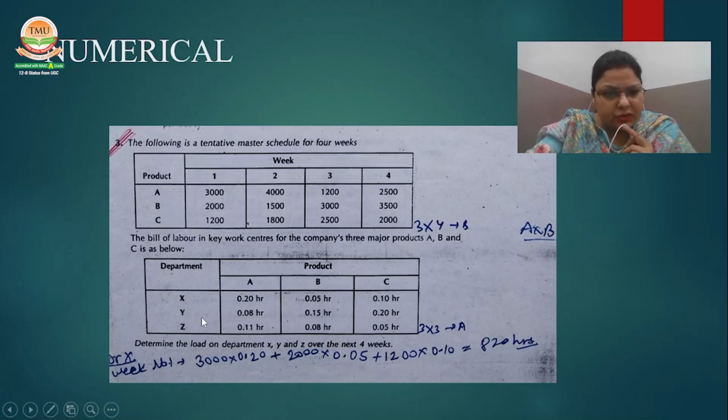Next is the Y department, which will produce in 0.08 hours, next 0.15 hours, and next 0.20 hours. Next one is Z. Z department will take 0.11 hours for product A, 0.08 hours for product B, and 0.05 hours for product C. Now determine the load on departments X, Y, Z over the next 4 weeks.